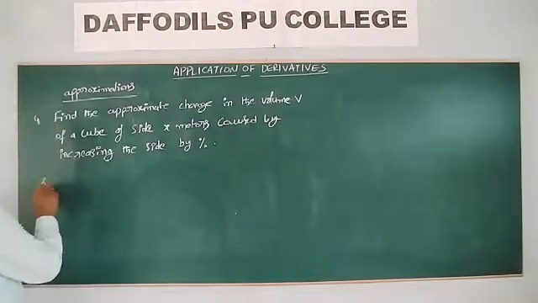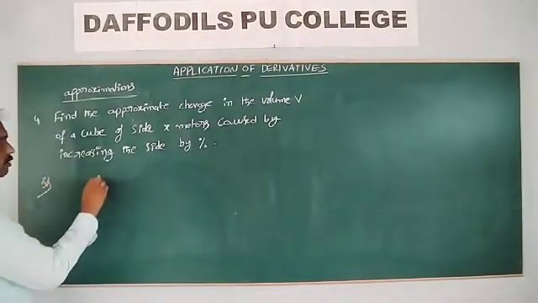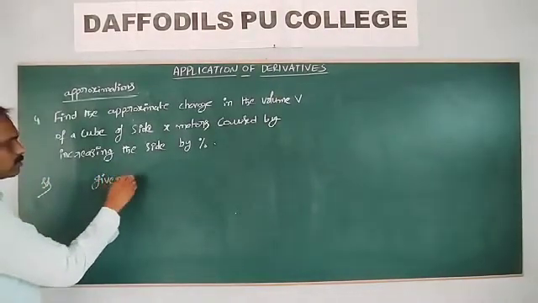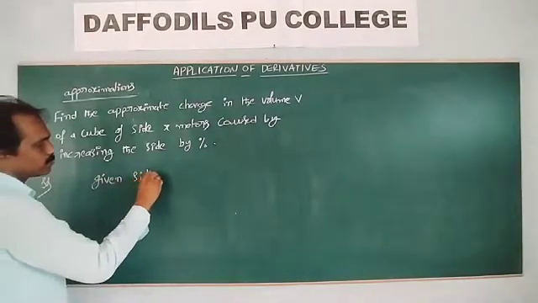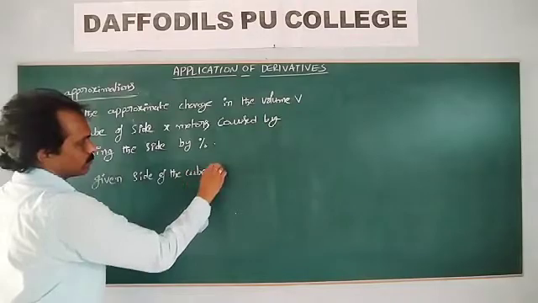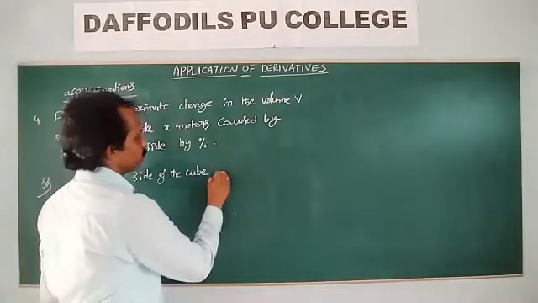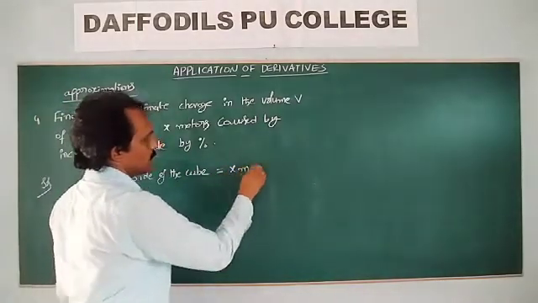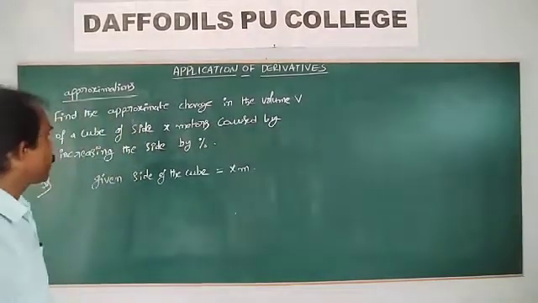Okay. What is given? Side of the cube is equal to x meters.